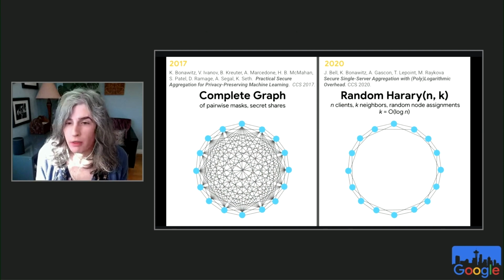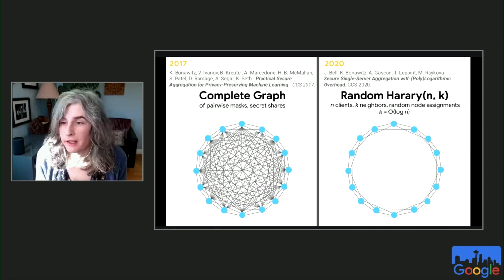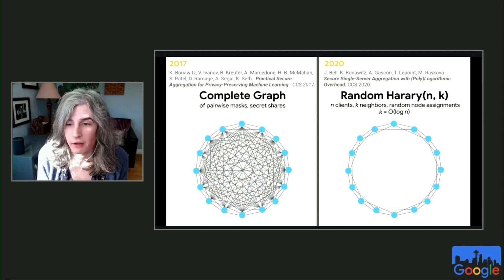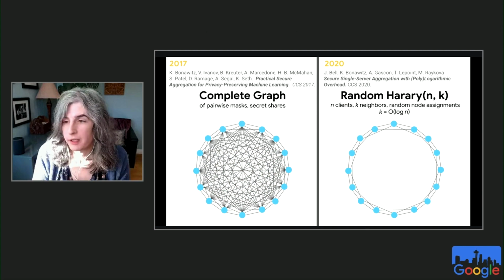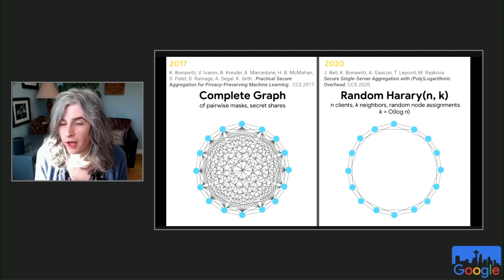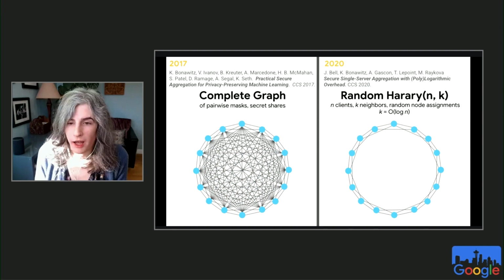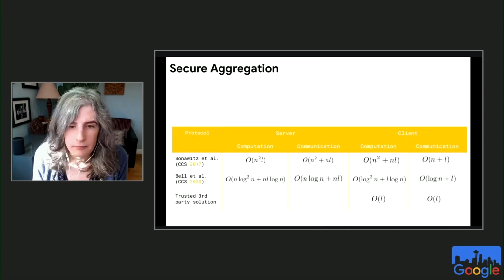And you can show that with extremely high probability, it's more likely that your core cryptography will break down than that this choice will break down. You can show that all of the same privacy and security properties will hold if you just randomly assign users in this much more lightly connected graph.